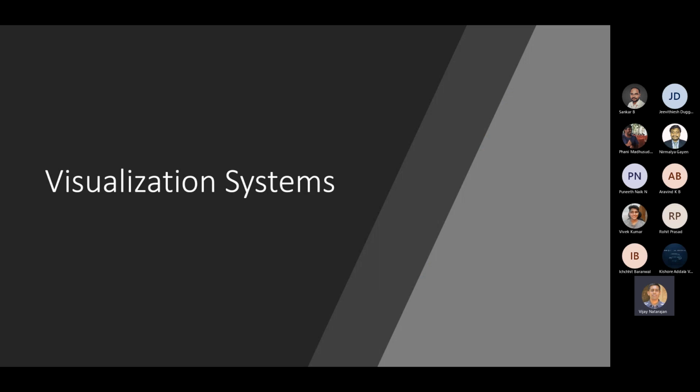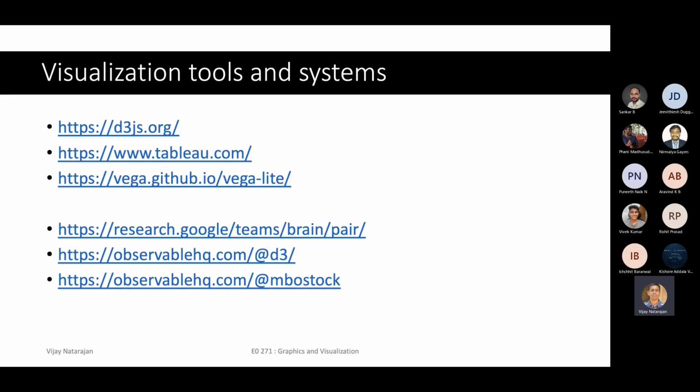I want to just end by giving you references to some visualization systems. Some of you are going to present this in the coming weeks. So these tools that I'm going to talk about here are primarily focusing on information visualization. The IISc tools are also part of our list of presentations.